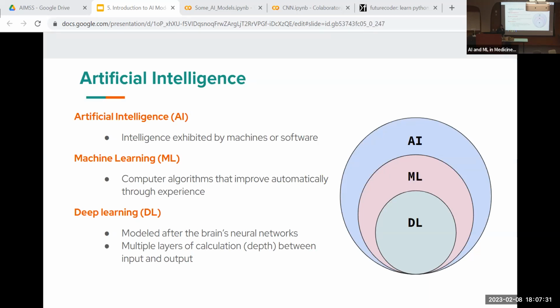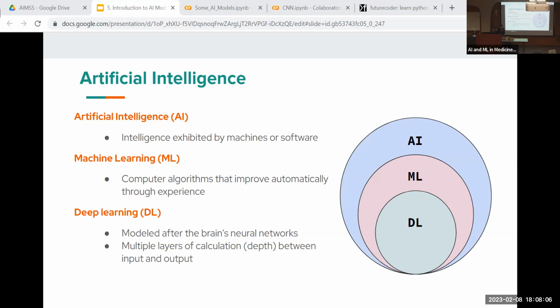So let's start with artificial intelligence. So this is a general term, and it's broadly used with different meanings. But in general, we can say that AI, or artificial intelligence, is intelligence exhibited by machine or software. And more specifically, machine learning is a subcategory of AI, which introduces algorithms that learn from data, and they can improve automatically through the experience they gain learning from data.